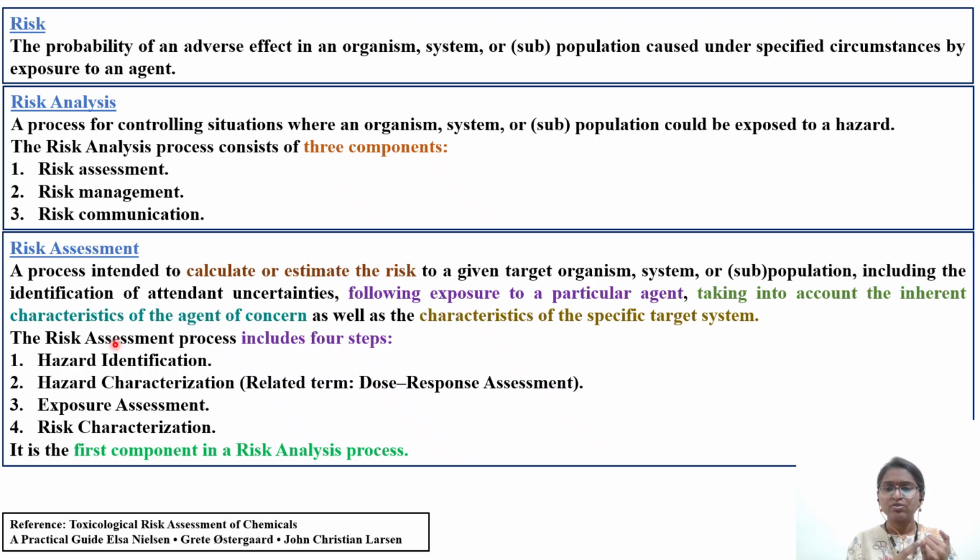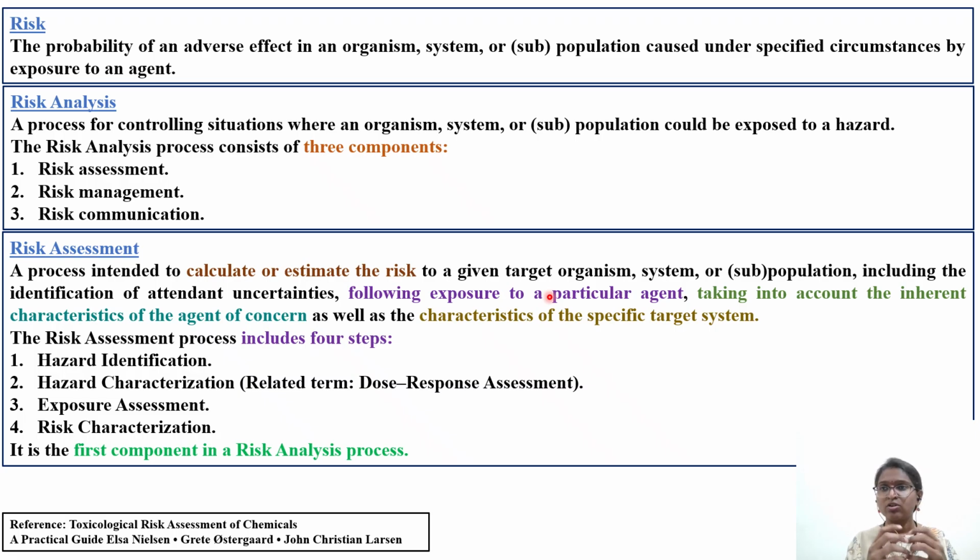You can also look into physicochemical characteristics, permeability, bioaccumulation. Those things are specific to that particular agent. That is called the inherent characteristic of the agent of concern, as well as the characteristics of the specific target system. Who is exposed? Are the males exposed, or the females, or the cattle? For example, think about the Lake Nyos limnic eruption, where carbon dioxide exposure took place.